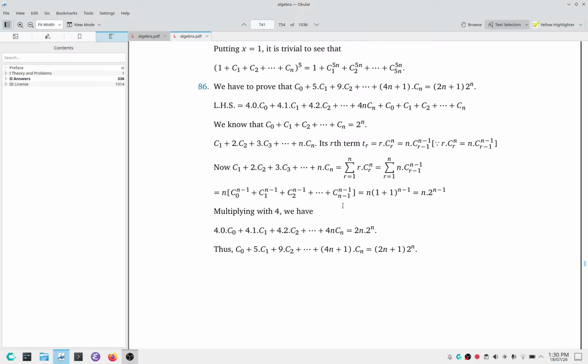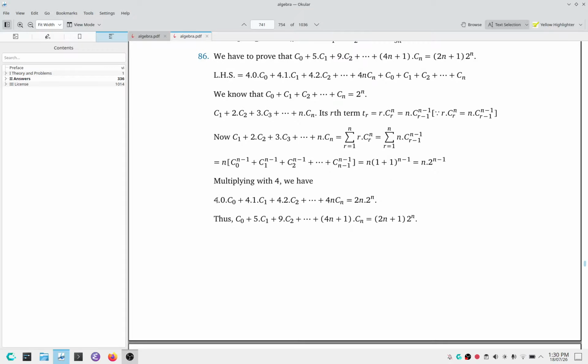Now we multiply this by 4, we get this series, which is the part of the left hand side over here. This is equal to 2n times 2^n. And we add this and we add this, and we get the desired result.